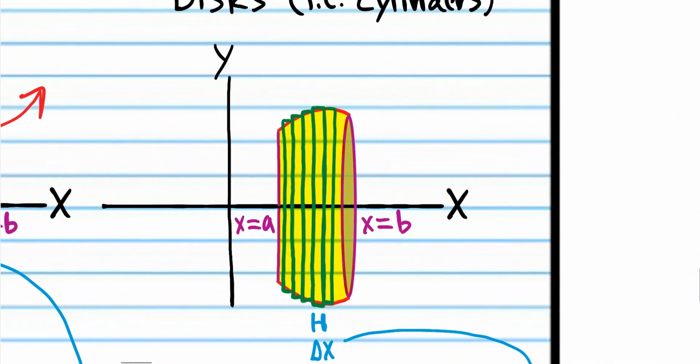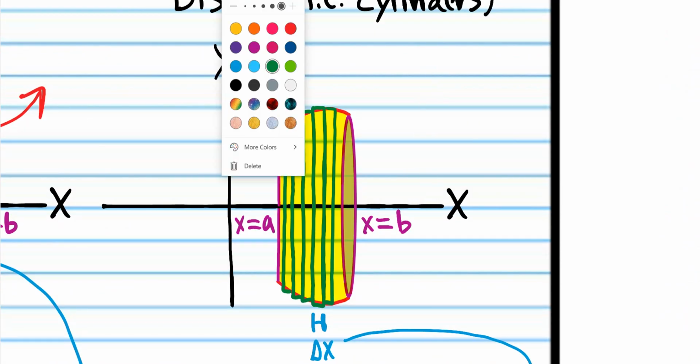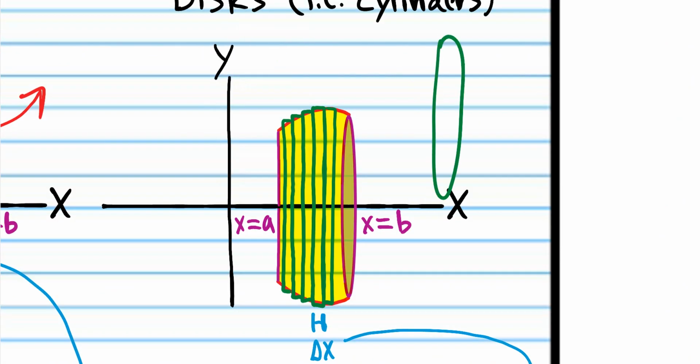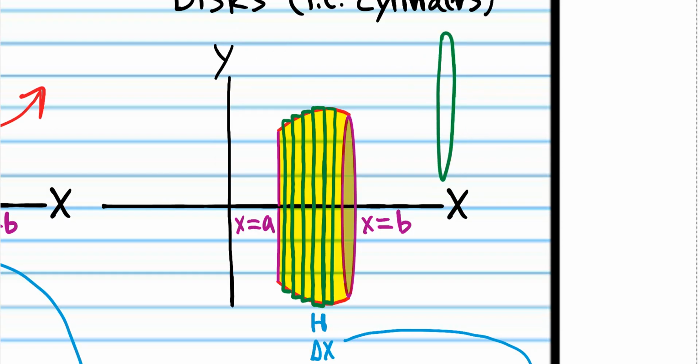But what if we give each cross-section a little bit of width? So let's say we have a green cross-section, but that cross-section only has two dimensions because it's just a circle, right? But what if we take it and add a little bit of width so it actually becomes a cylinder?